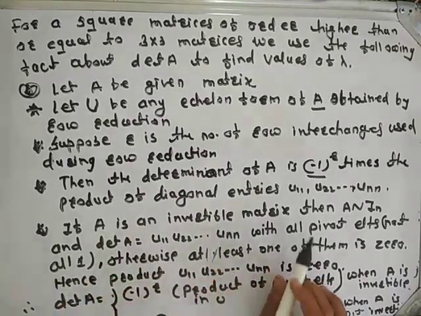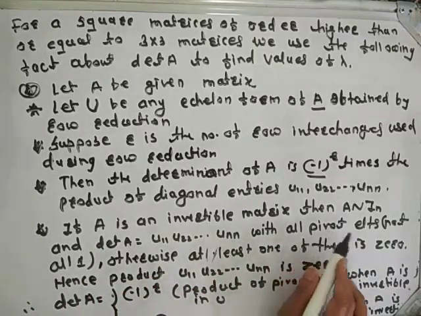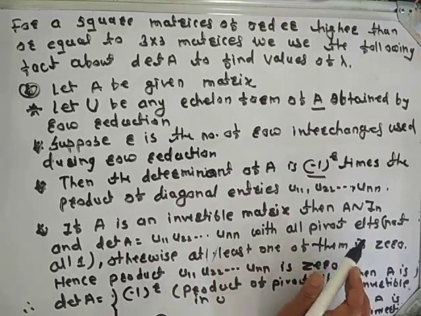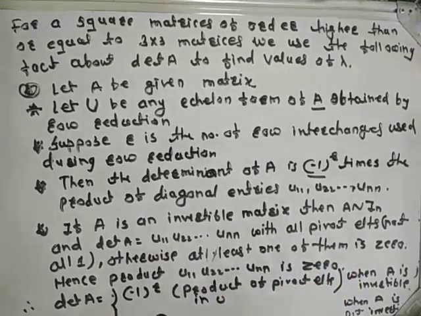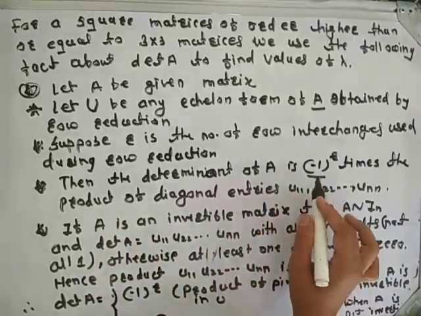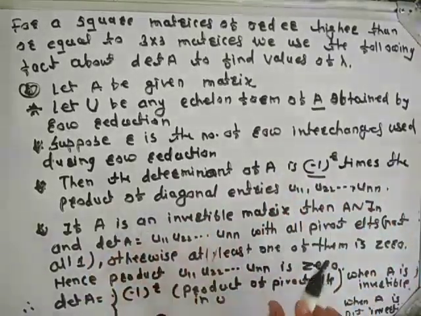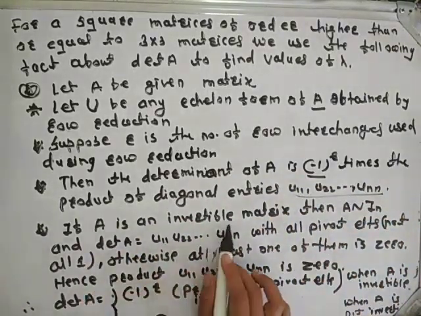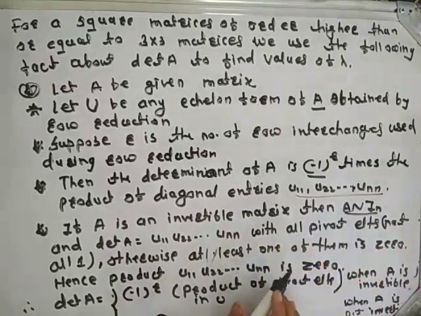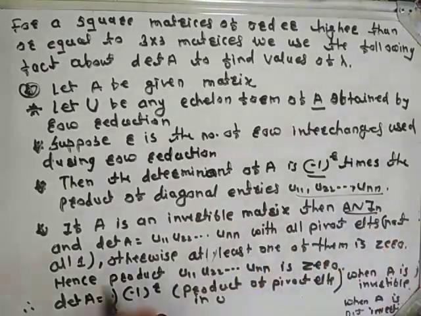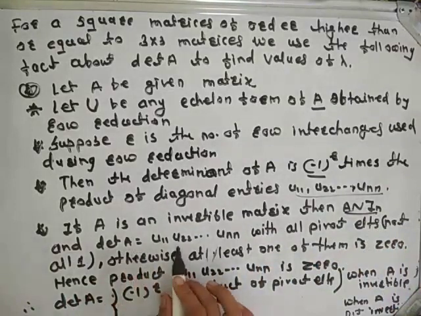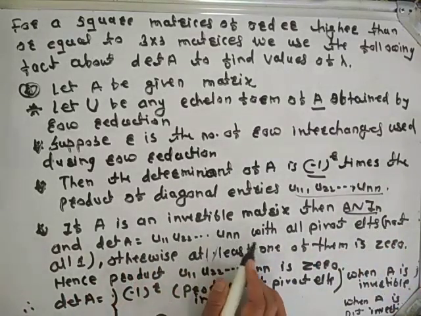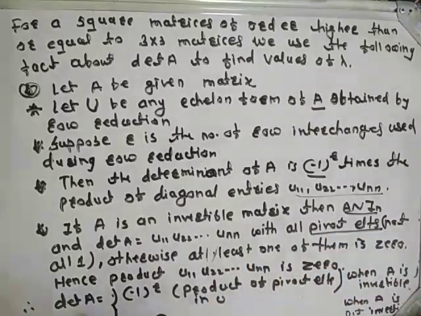If A is an invertible matrix, then A is equivalent to the identity matrix of order n, and the determinant of A is (-1)^R times u11, u22, unn, with all pivot elements nonzero.